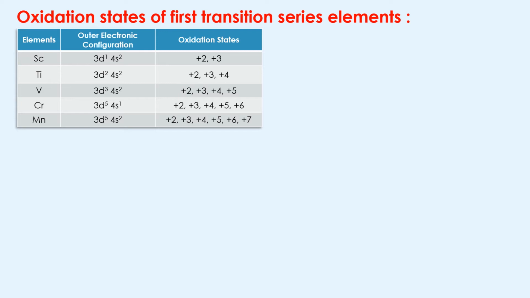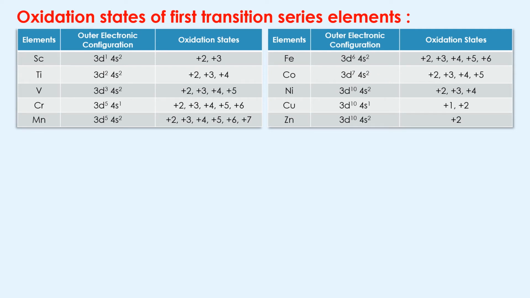For titanium, how many oxidation states can they show? That is +2, +3 and +4. For vanadium, what is your oxidation state? +2, +3, +4, +5. For chromium, that is from +2 to +6. And for manganese, that is from +2 to +7.